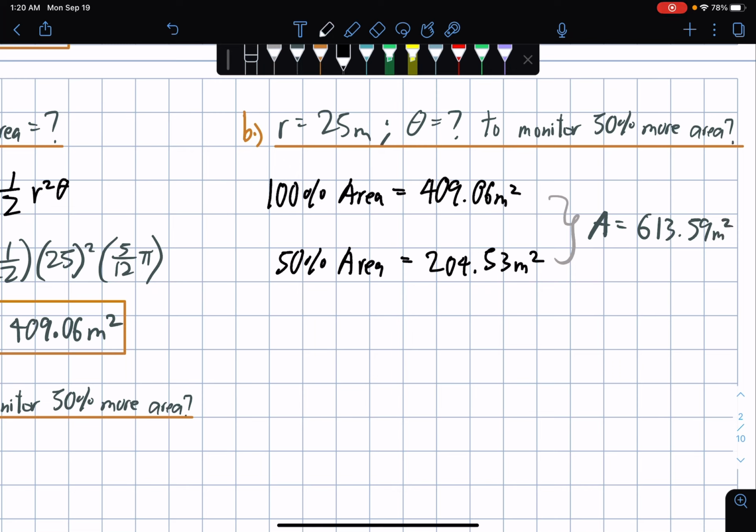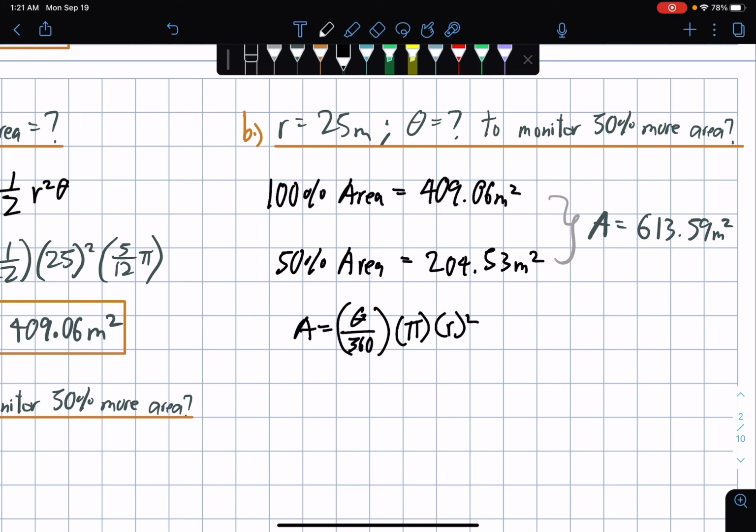Alright, so this time the formula is something that we don't use to find the area of a sector. Instead, we find either the radius or the theta, either of the two elements that make us capable of finding the area of a sector. Hang on, I'm pretty sure this is the formula.